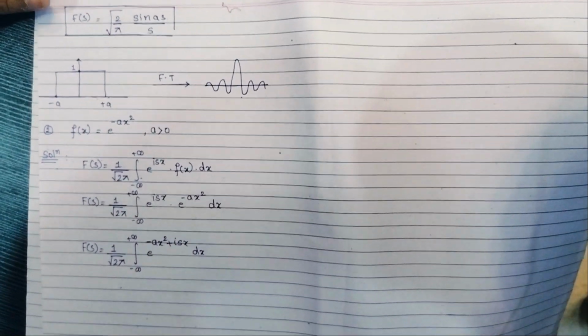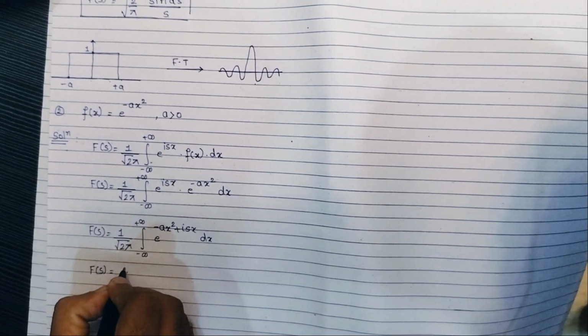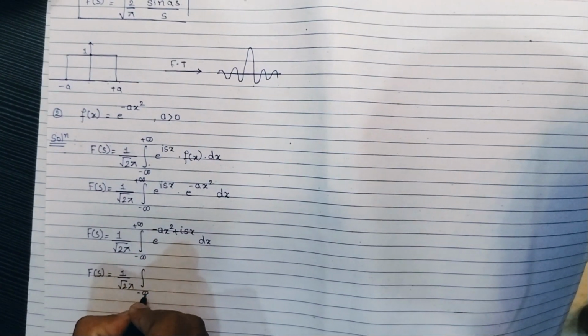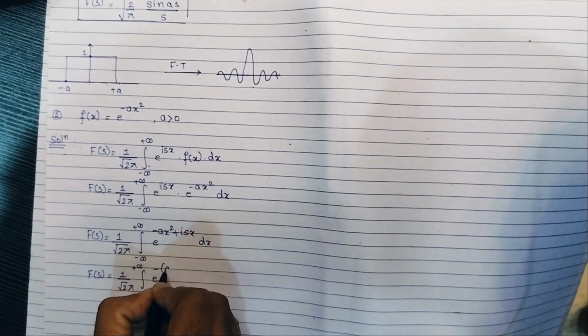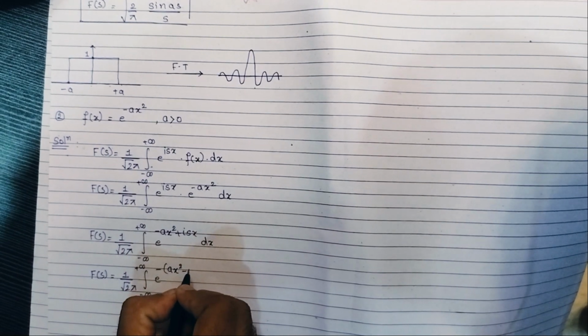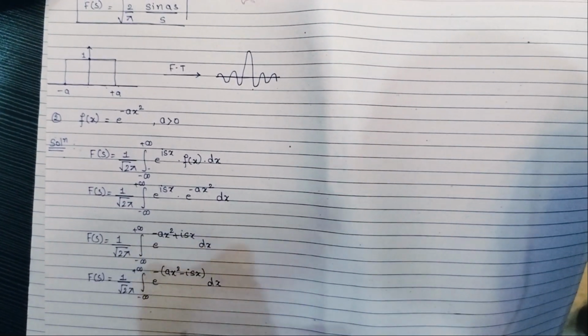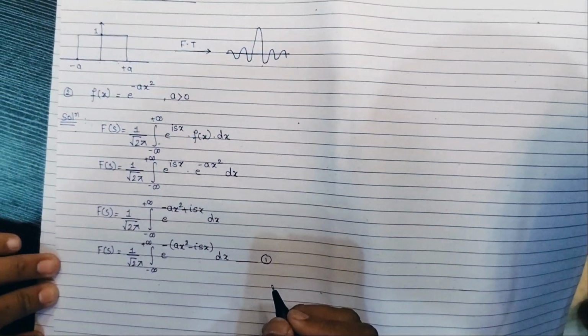Now this can also be written as F of s equal to 1 upon under root of 2 pi, integral from minus infinity to plus infinity of e to the power minus (ax square minus iota sx) dx, taking the minus sign common.